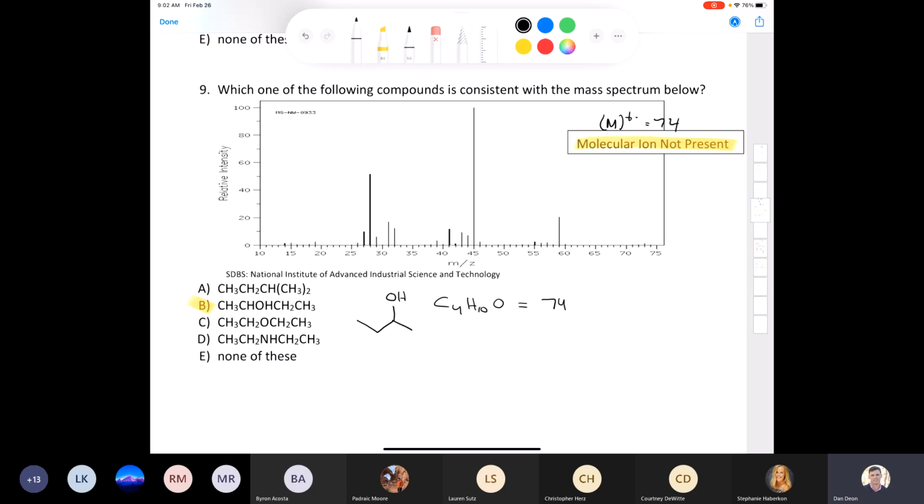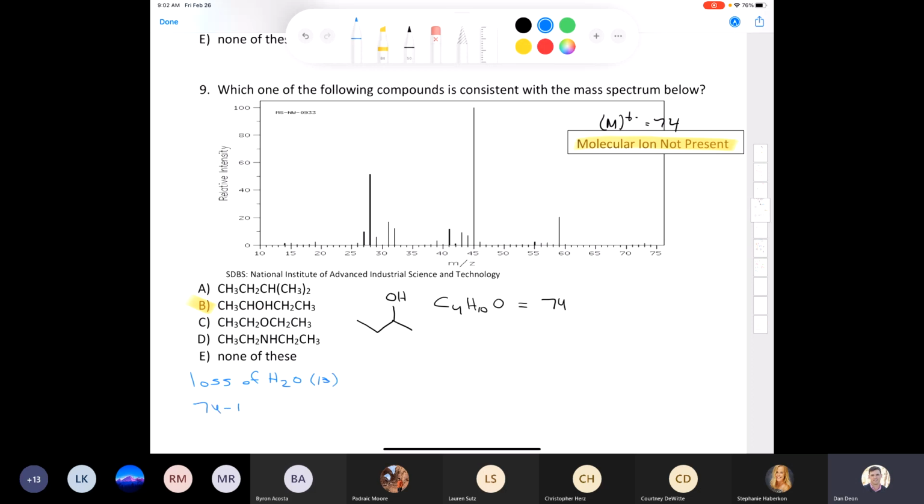Now, what kind of fragmentation can the alcohol undergo? Generally, it's either going to undergo alpha cleavage or dehydration. Okay, so it'll undergo both. Now, if we take 74 and we do a loss of water, so I'll write it in blue because water is blue, right? Loss of H2O. And H2O weighs 18.